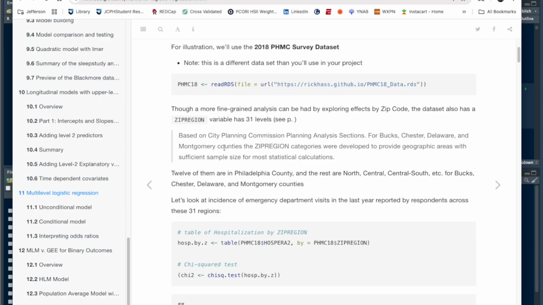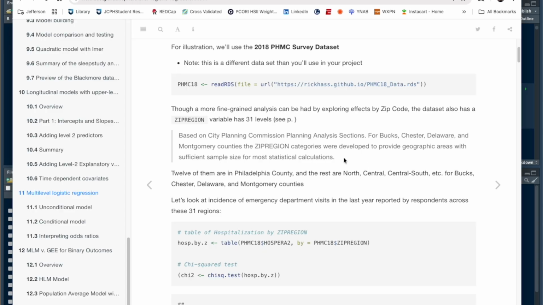You've heard this from Dr. Wallace, that there are a lot of different zip codes in the Southeast Pennsylvania area. For the purposes of modeling, it's a little bit more stable to use zip region as a clustering variable, so that's what we're going to use today.